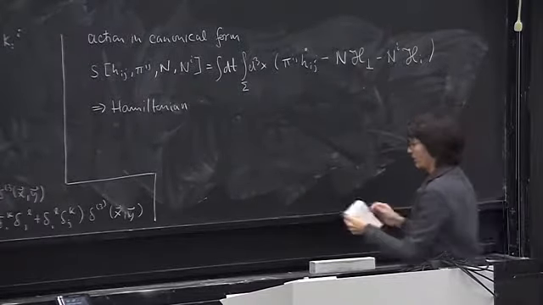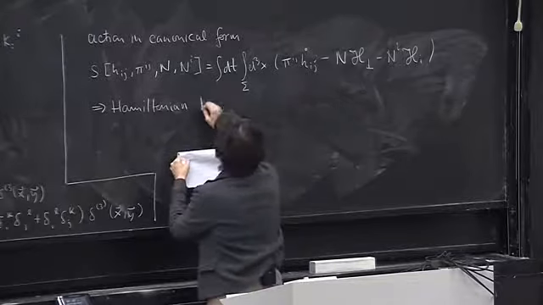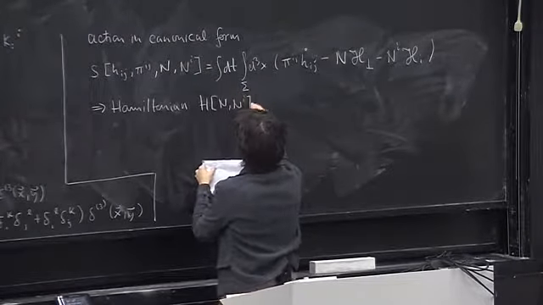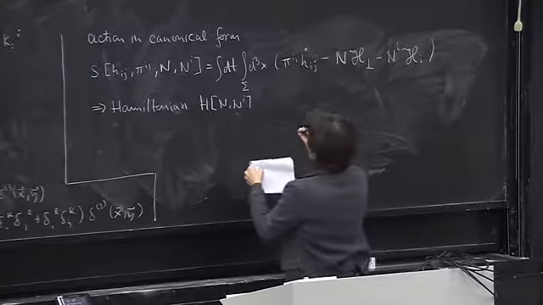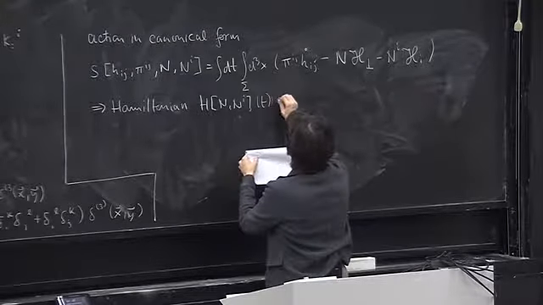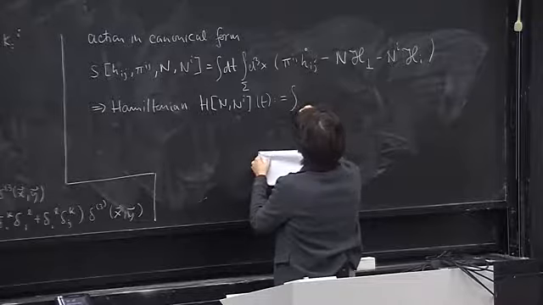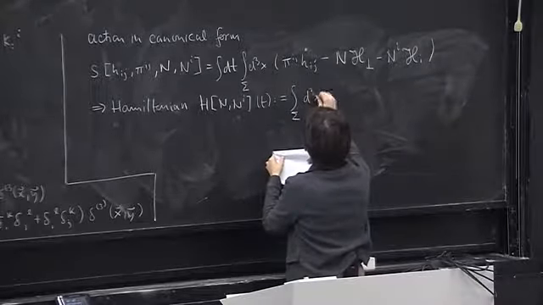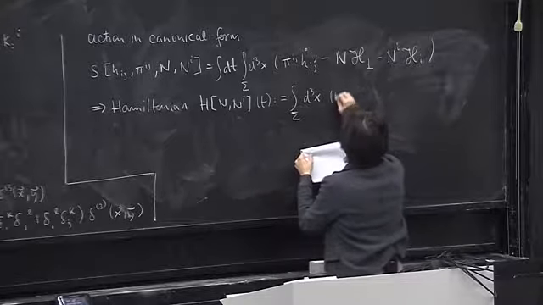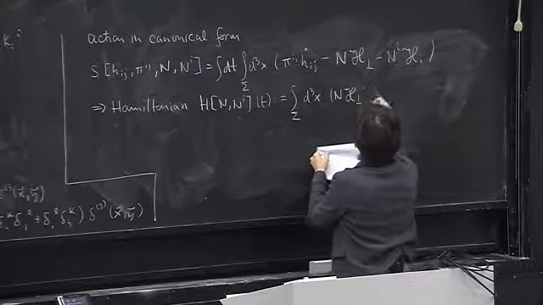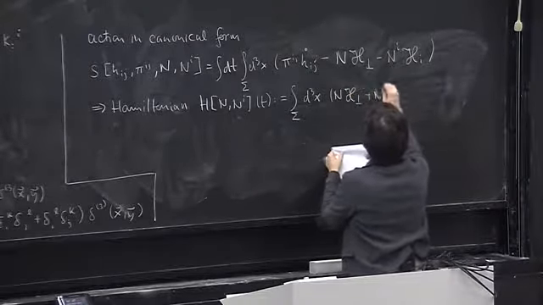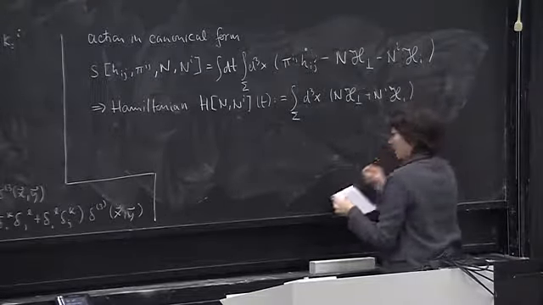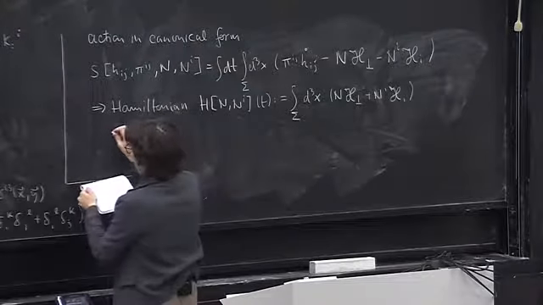So I can read off that Hamiltonian, H, let me write the dependence on these N's and N^i's here explicitly, is, for fixed time, a three-dimensional integral N H perp plus N^i curly H_i. And here I'm giving you what these functions are.